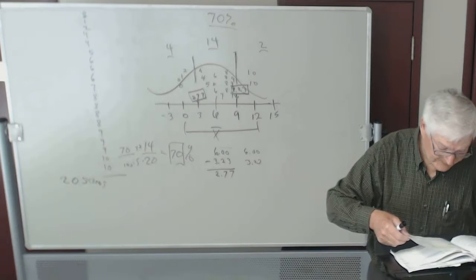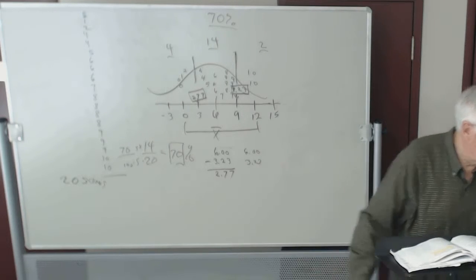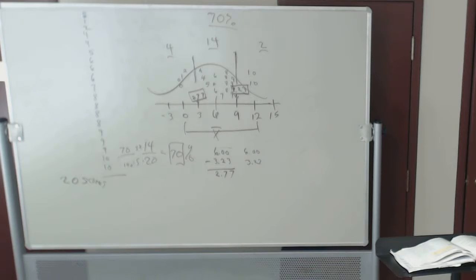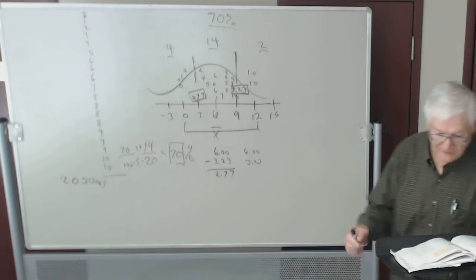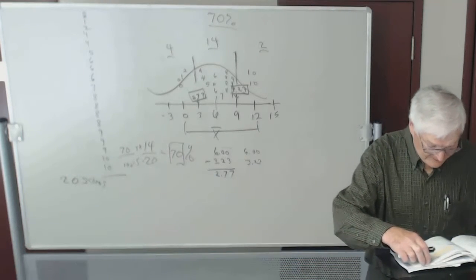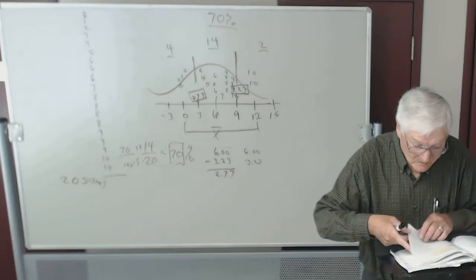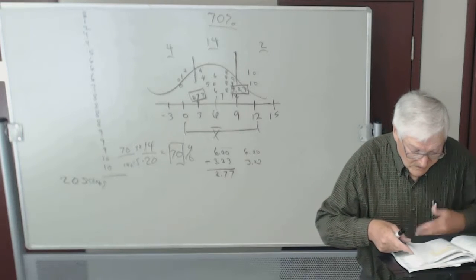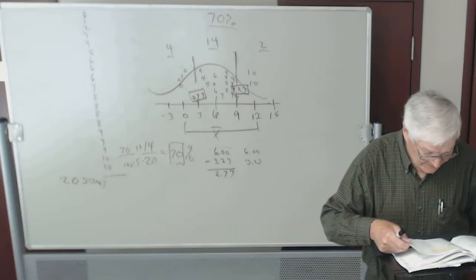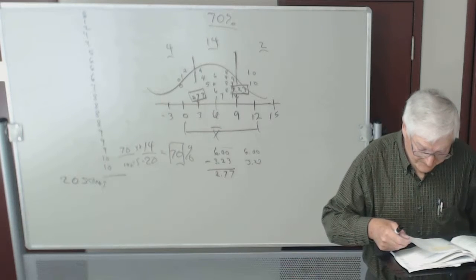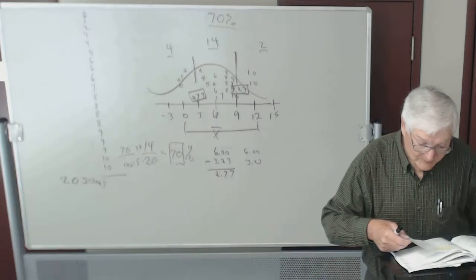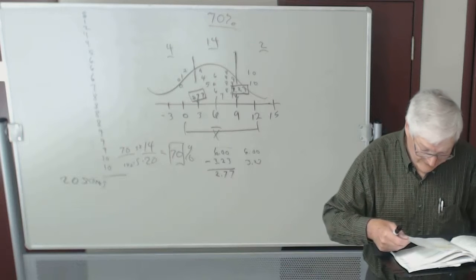Oh, it doesn't tell you the range, does it? No, it doesn't give you the range here. So you'll have to figure that out on your own. Okay. So number 13 is just like number 11.